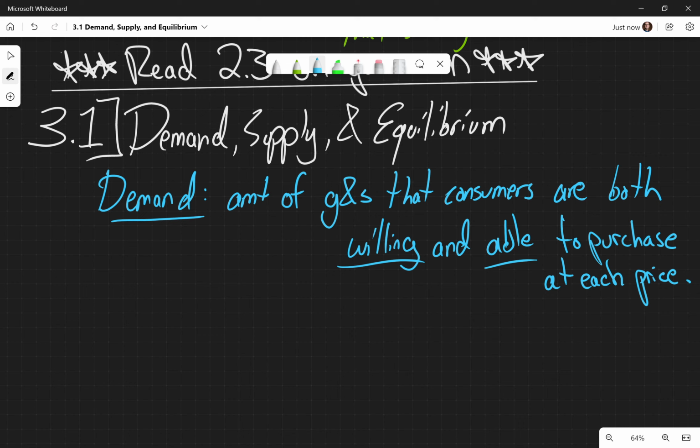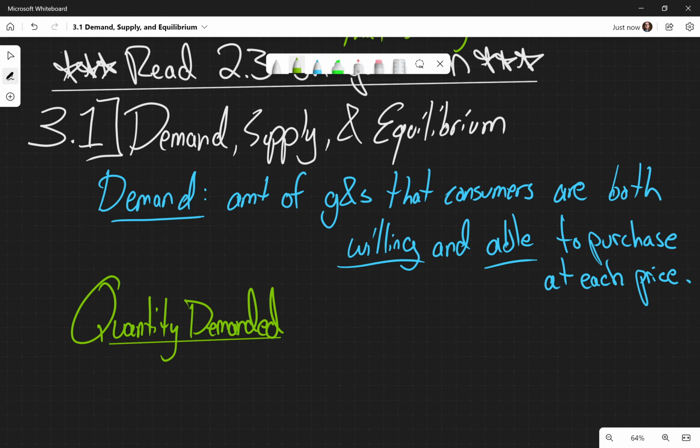When we talk about demand, we always want to separate between demand and quantity demanded. So demand is a schedule. Demand is telling us how much consumers are willing to pay at each price. Quantity demanded is a very similar definition, but there's an important distinction.